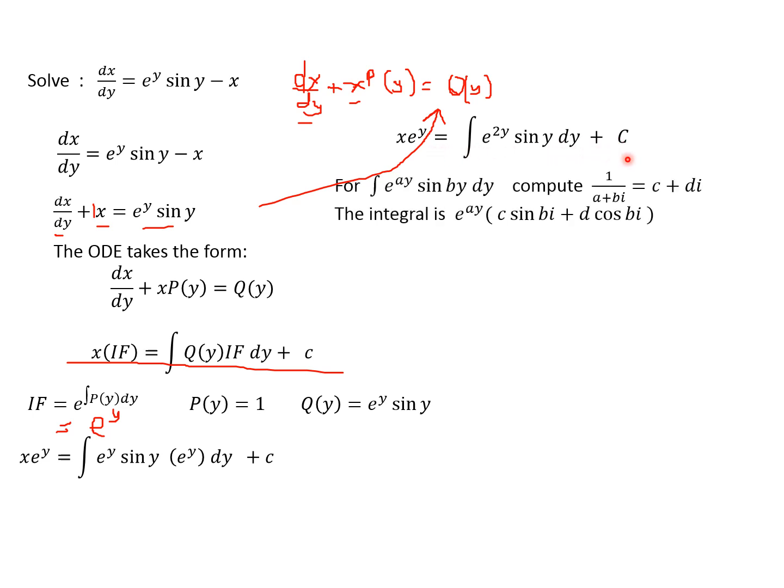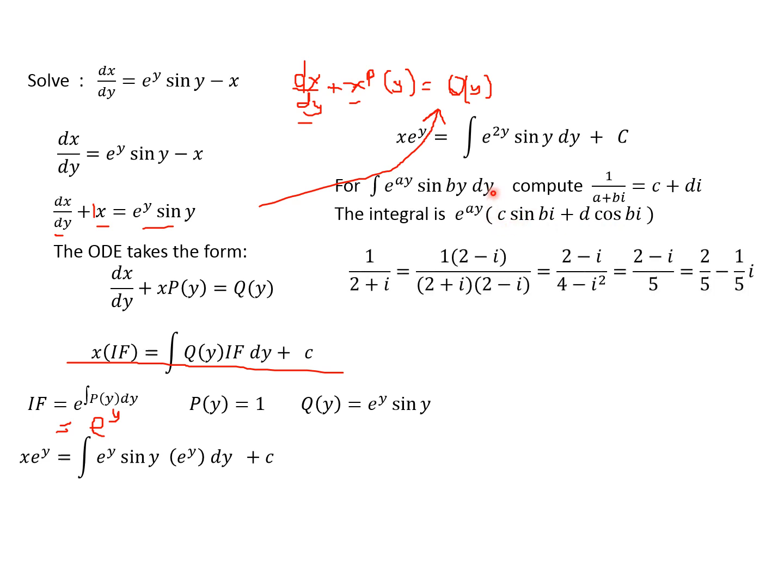A simpler way to solve this type of integral is, if you have the integral of e to the ay sine by dy, just compute 1 over a plus bi, assume it to be the same as c plus di, and the integral will just be equal to e to the ay times c sine by plus d cosine by. So in this case, we just have to compute 1 over 2 plus i.